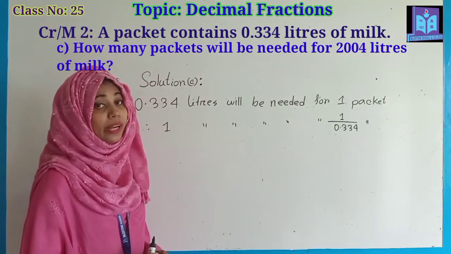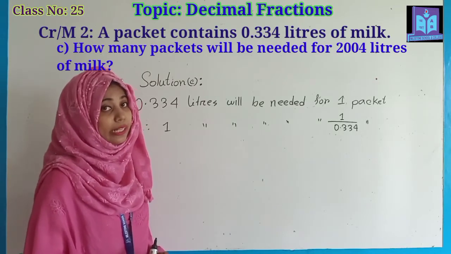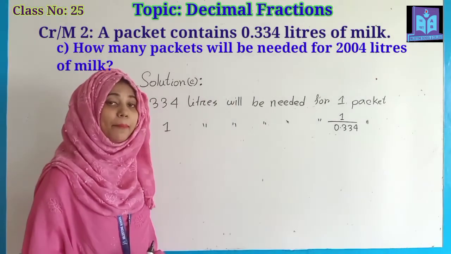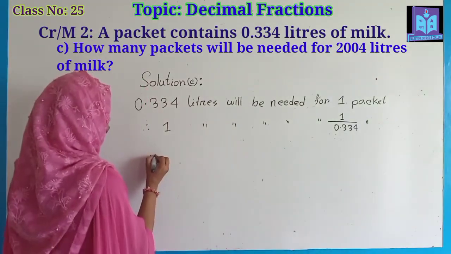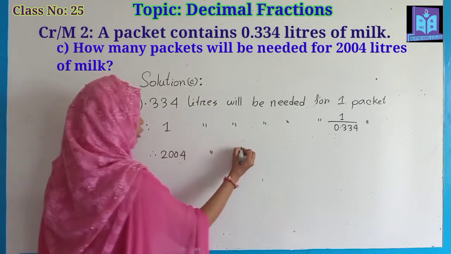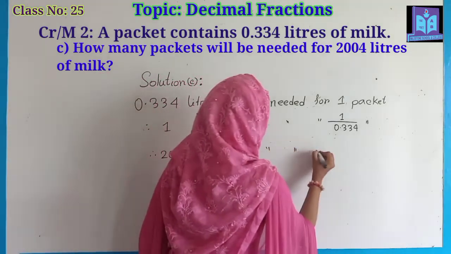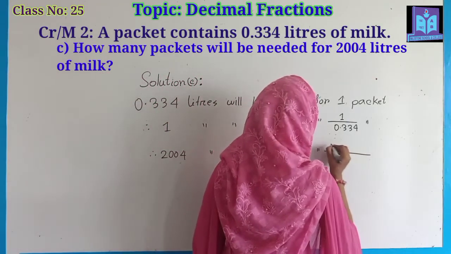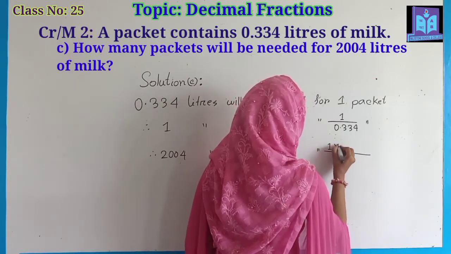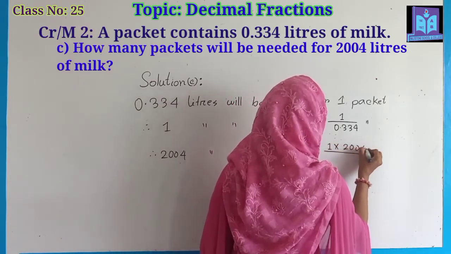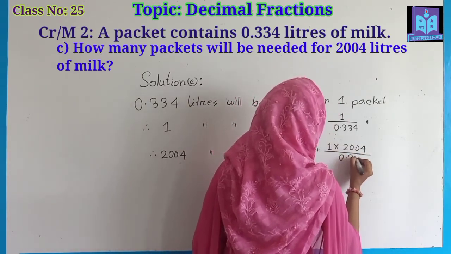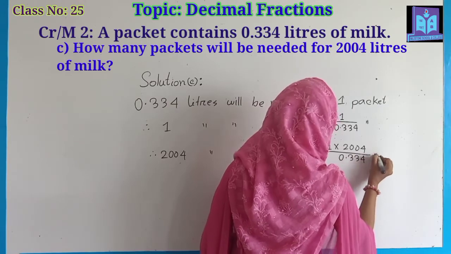But in our statement you have to find out for 2004 liters of milk. How can you find out this? Yes, by multiplication. Therefore 2004 liters will be needed for, in the numerator I will write 1 into 2004 and the denominator is 0.334 packet.